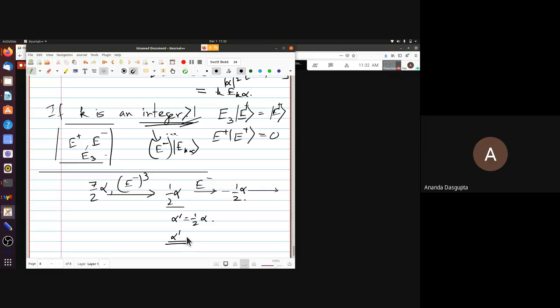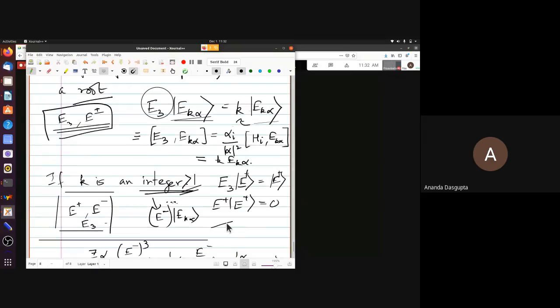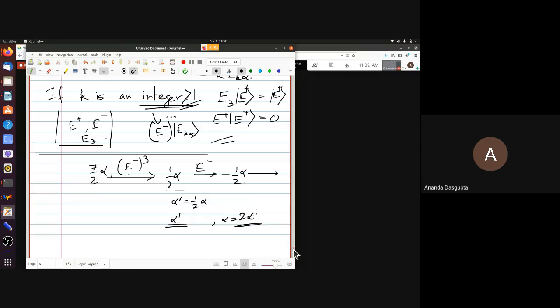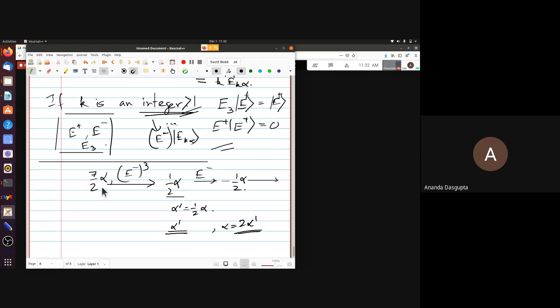And why is that a contradiction? Because then you are saying alpha, which is twice alpha prime, is also a root. Don't you see that a while ago we proved that if you have a root, any integer multiple of that cannot be a root? That's what we just proved, right? Now that left open the possibility of a half odd integer multiple.